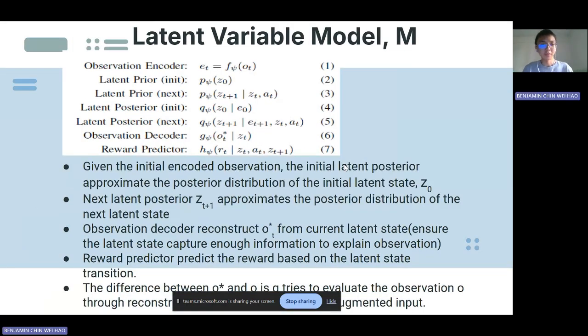So given the initial encoded observation, the initial latent posterior approximates the posterior distribution of the initial latent state z0, and the observation decoder is used to reconstruct the observation from the current latent state, to ensure the latent state captures enough information to explain the observation.